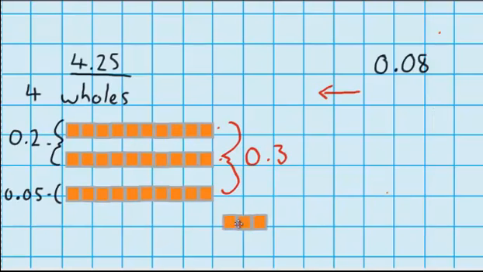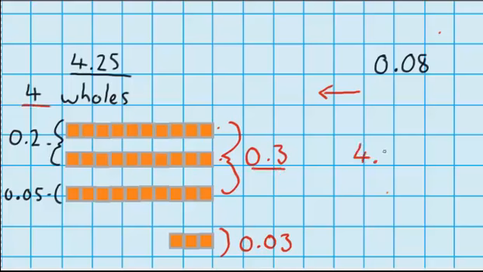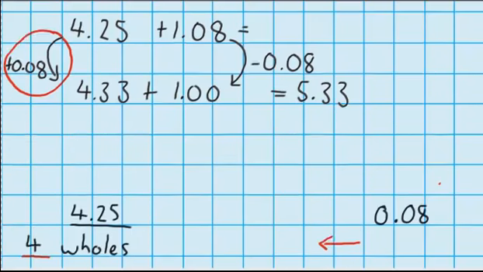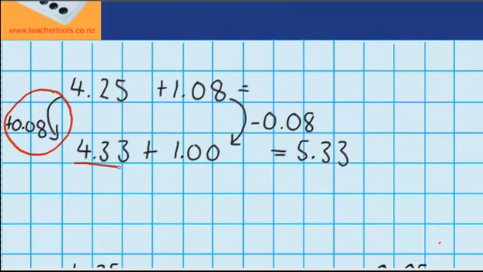Now let's move the remaining hundredths across, and that's only 3 hundredths left, so that's 0.03. So in total I've got my 4 wholes, I've got my 3 tenths, and I've got my 3 hundredths, which gives me 4.33, which is exactly what we got up here.